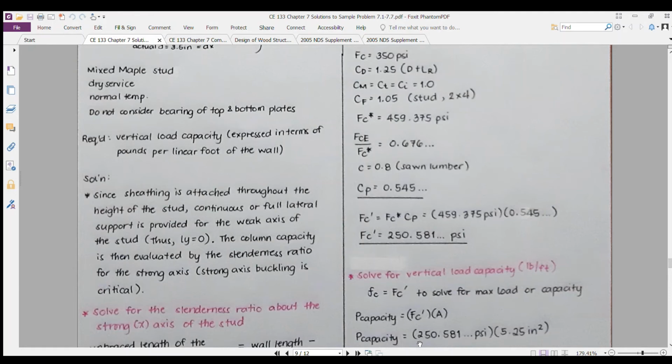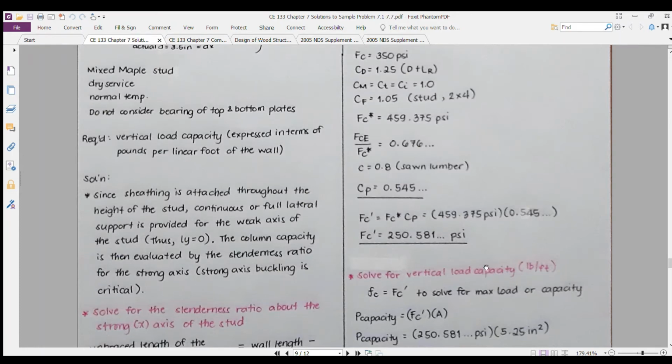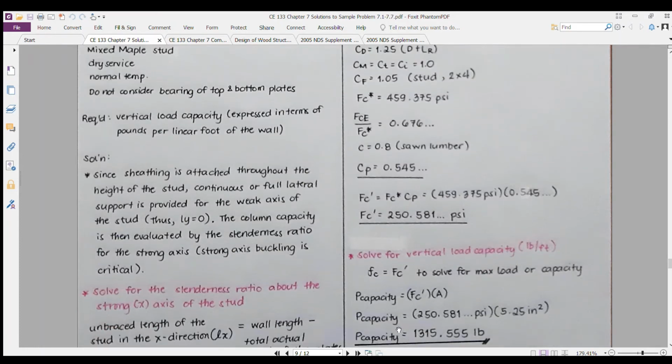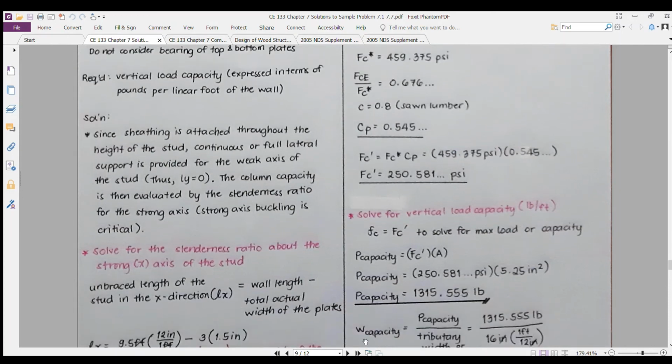So it is based on the dressed size here, 2 inch by 4 inch. We have here the standard dressed size and the area of the standard dressed size. So we have a compressive capacity of 1,315.555 pounds.